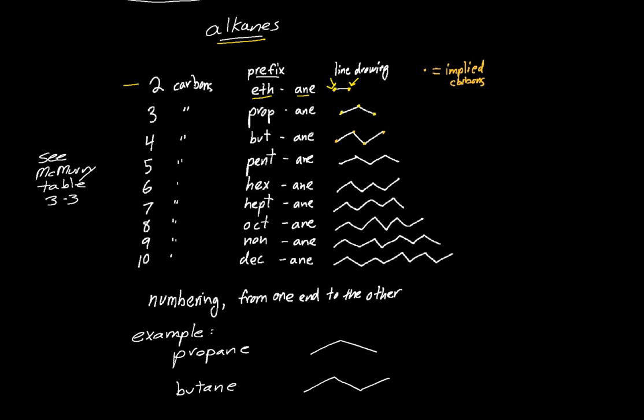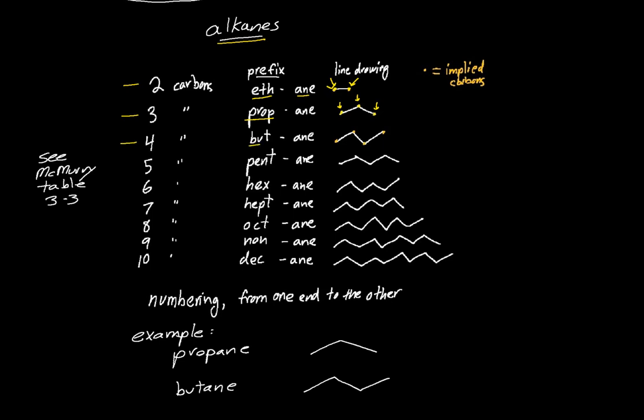So we're going to stay in a linear chain, 3 carbons. We have the prefix prop for 3, so propane, another fuel gas that's used to heat homes and do all kinds of things like that. Implied carbons on the ends and in the middle. So it's a 3-carbon linear alkane.